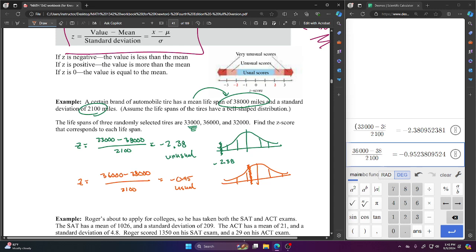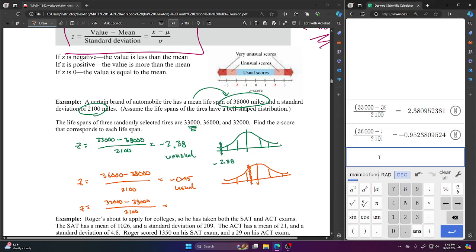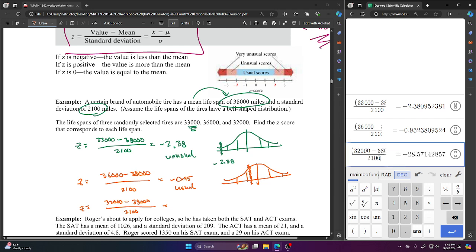Cool. Last one. Help me now. What's the first number that goes right here? 32. Very good. And then minus 38 divided by 21. Yep, you got it. Just making sure. There we go. Negative 2.857.